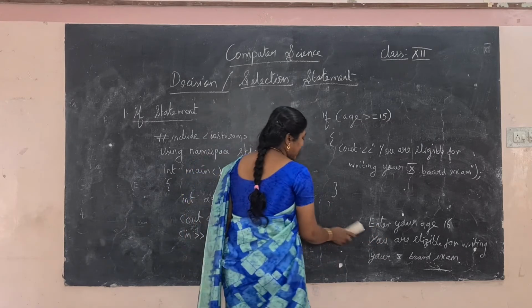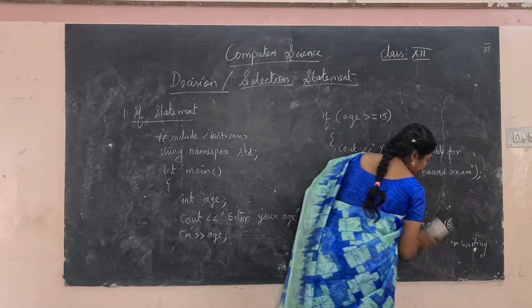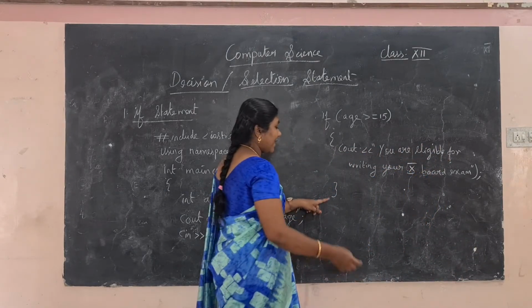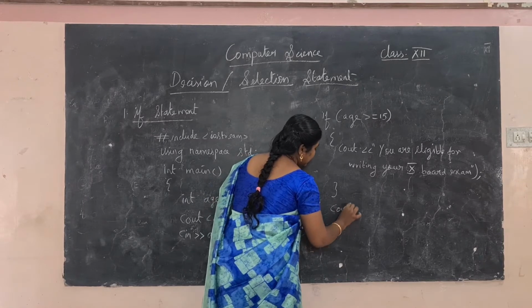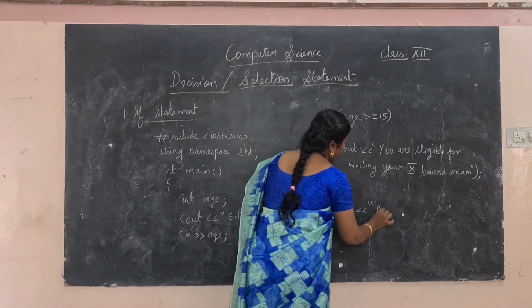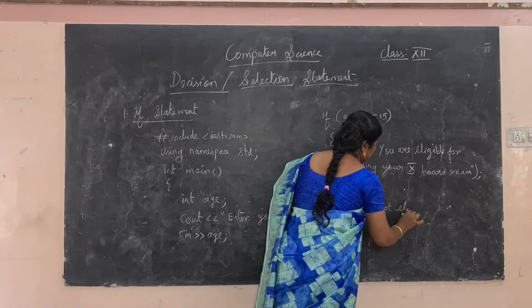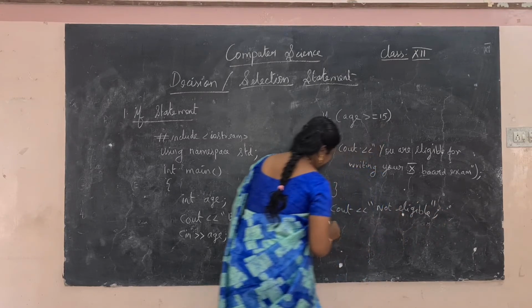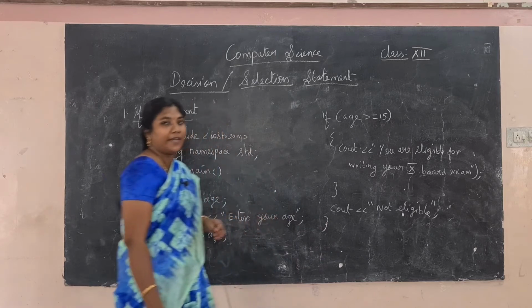Clear? Suppose I have a statement here after this block. Suppose the statement X is cout "Not eligible", and then I am closing my main block.